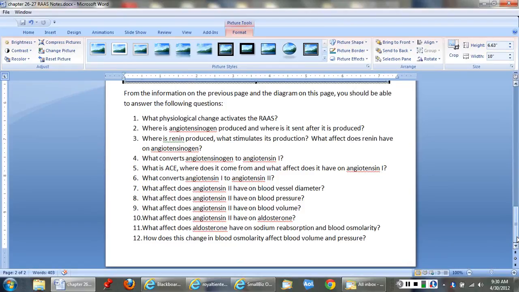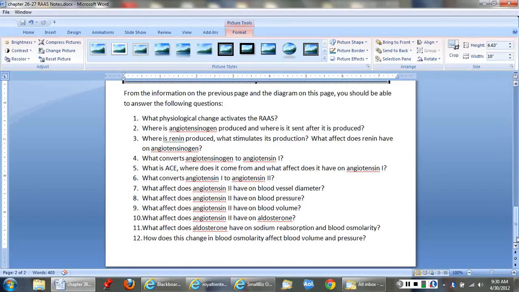Where is renin produced? Kidneys. What stimulates its production? Low blood pressure. What effect does renin have on angiotensinogen? Good.